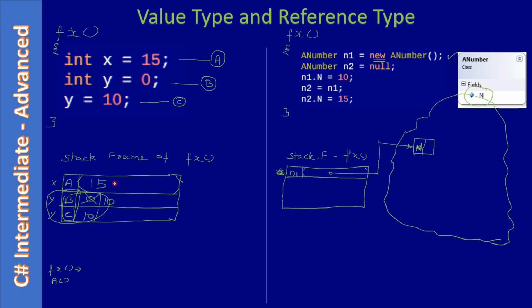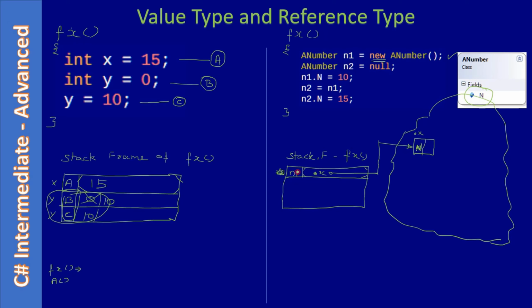In a value type we directly store the value. Here, instead of storing the value, we store the heap location. Let's say it is some 0x address, that will be stored here, the memory location of this heap object gets stored here, and that is pointed to by n1.